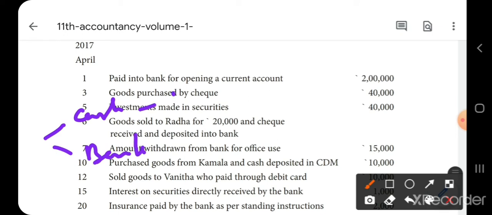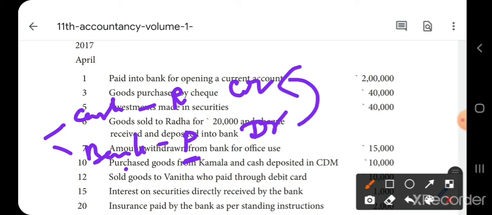Okay, so cash is a real account, bank is a personal account. Here cash is going out of the business, isn't it? So debit what comes in, credit what goes out. So you credit cash. Bank is a personal account. The rule is debit the receiver, credit the giver. So you debit bank account. So the entry will be bank account debtor to cash account.